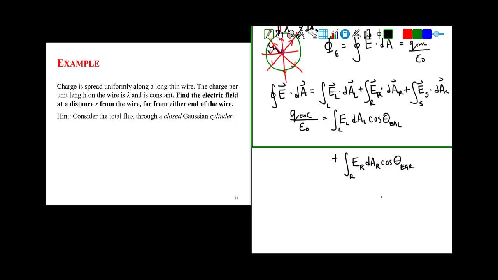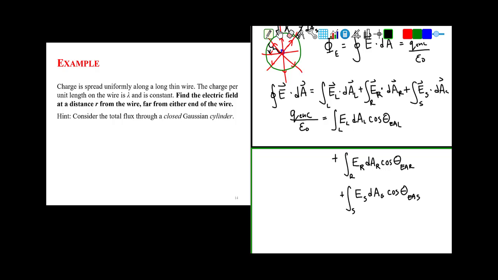And let's do it for the side. The electric flux through the side is equal to the magnitude of the electric field through the side times the area differential through the side times the cosine of the angle between the electric field and the area differential through the side.